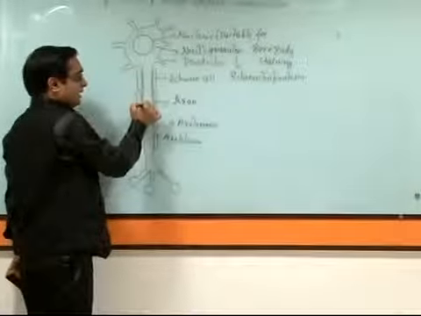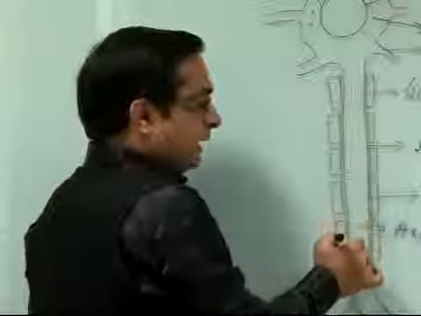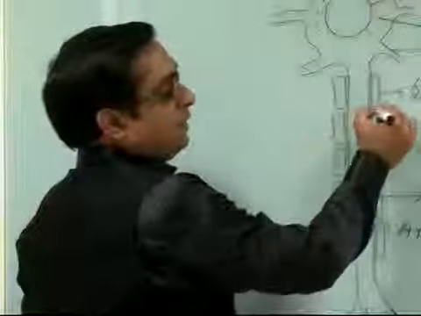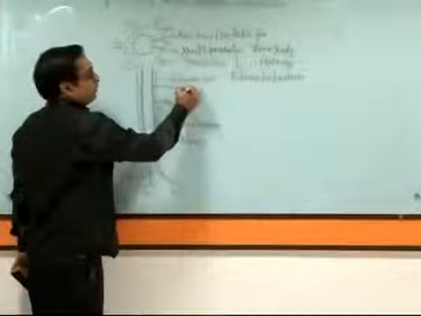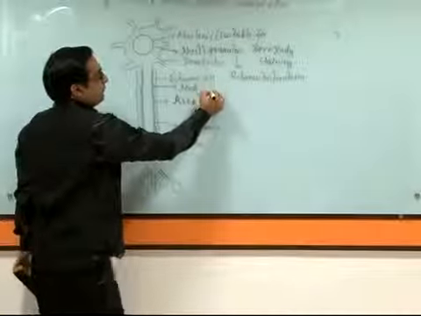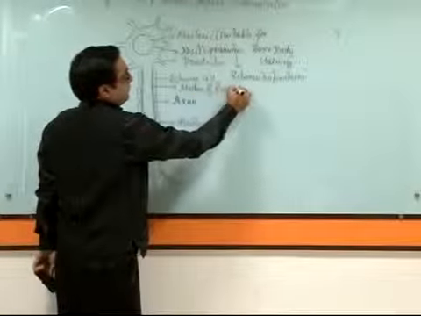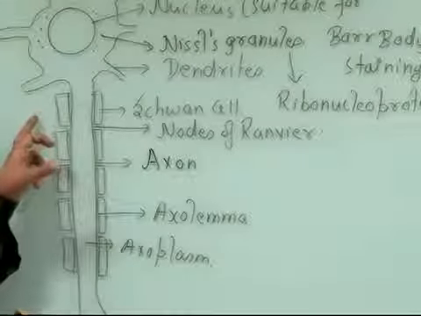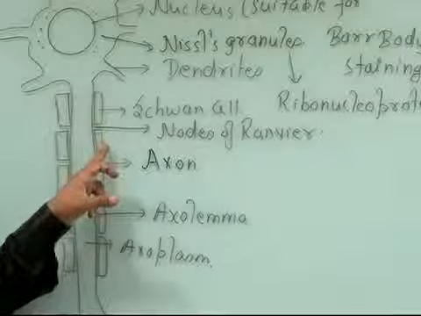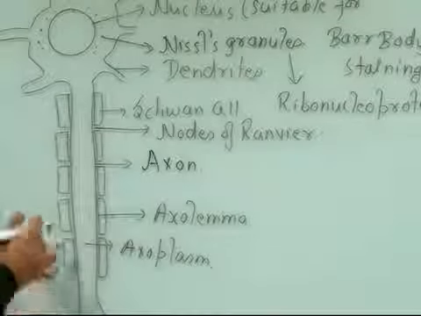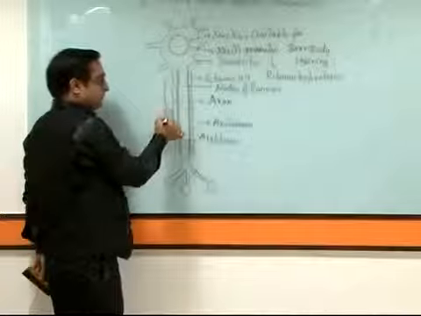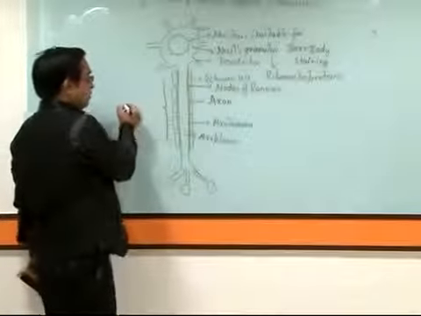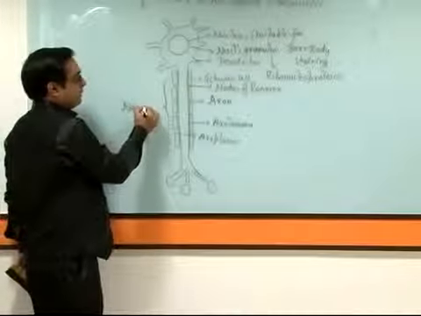There are certain areas in the axon where myelin sheath is absent. Those gaps are called nodes of Ranvier. So at the node of Ranvier, myelin sheath is absent and even Schwann cells are absent. All the Schwann cells taken together form a sheath called neurilemma.